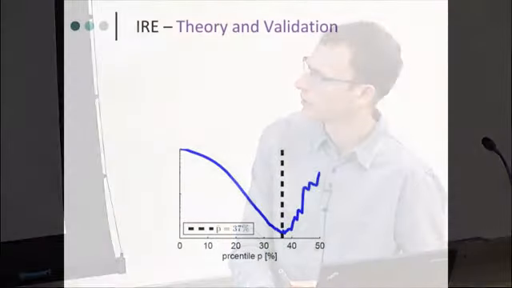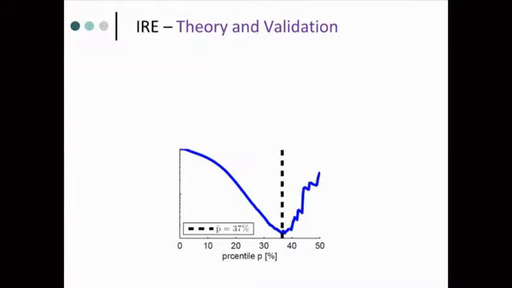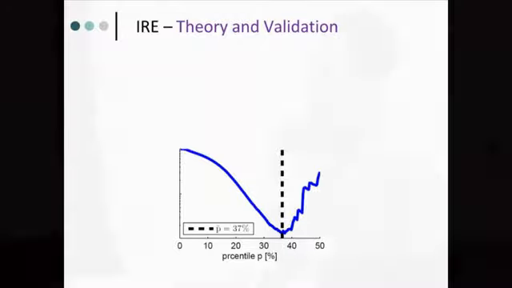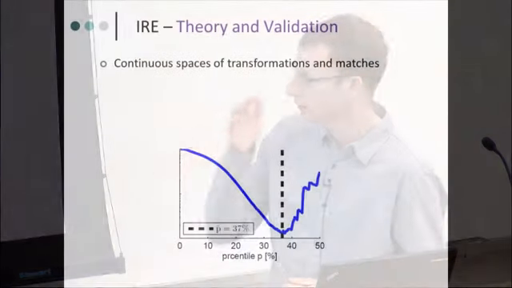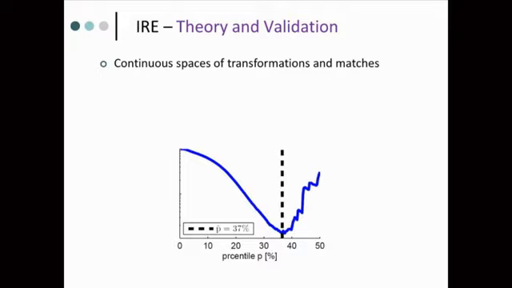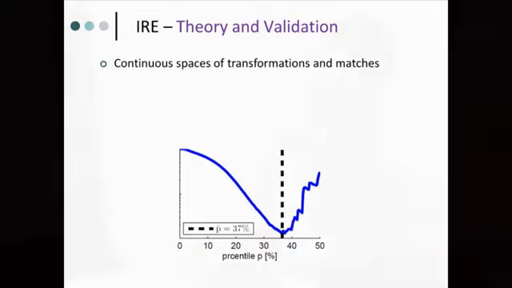A lot of the paper tries to deal with understanding this minimum phenomenon here, and we try to analyze this behavior and give some kind of analysis about why it happens.